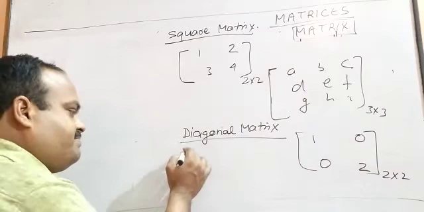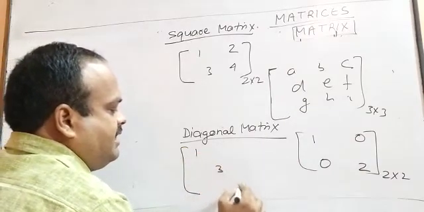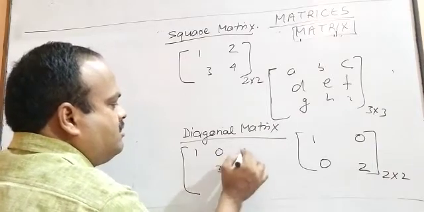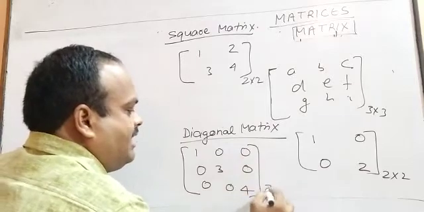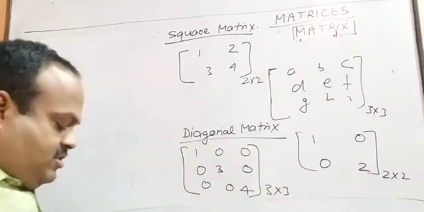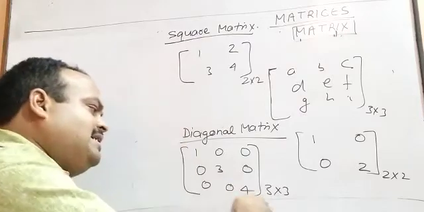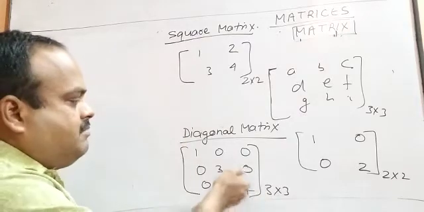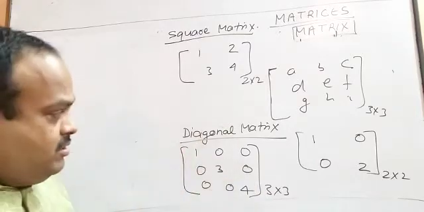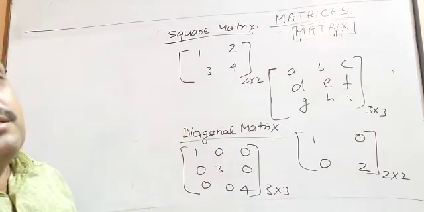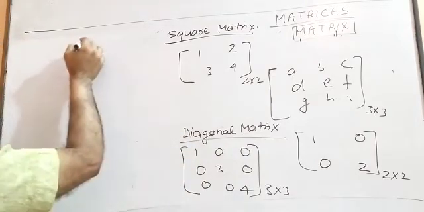Another example: 1, 3, 4, 0, 0, 0, 0, 0, 0. The order is 3 by 3, so this is a square matrix. And since on the leading diagonal we have elements other than 0 and the rest are 0, this matrix is a diagonal matrix.